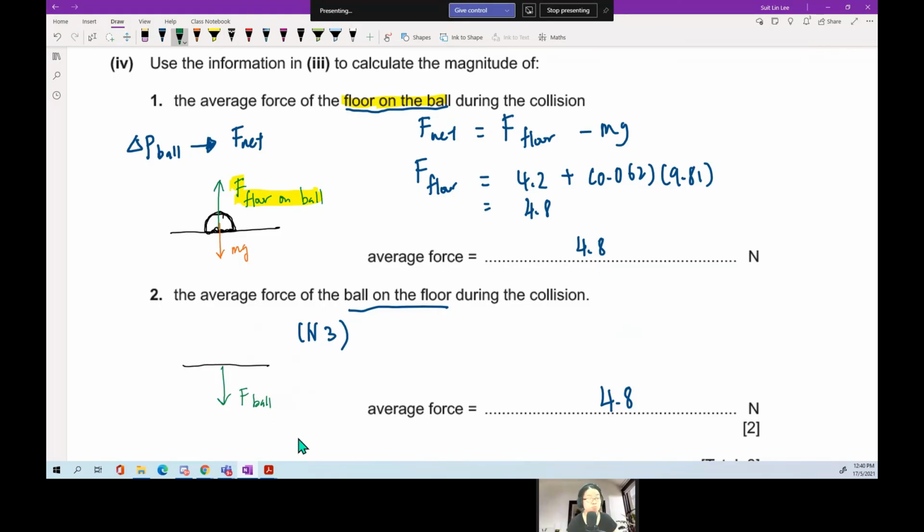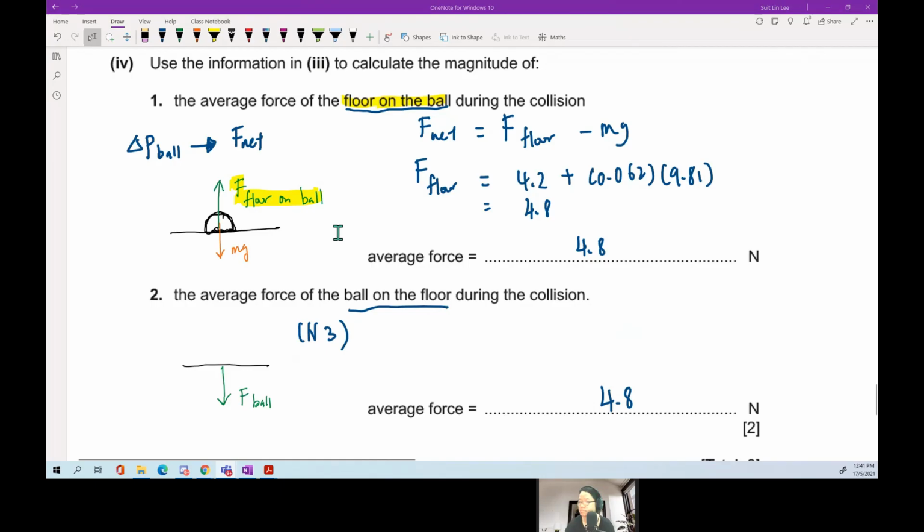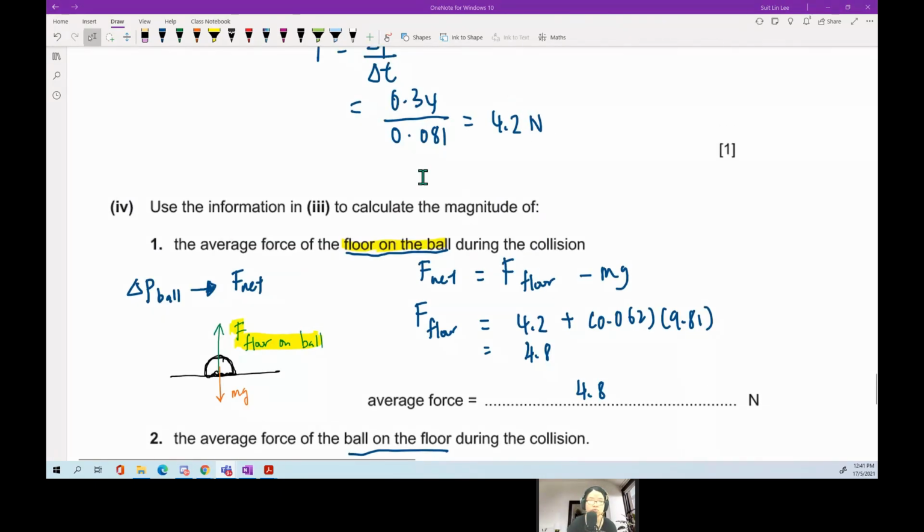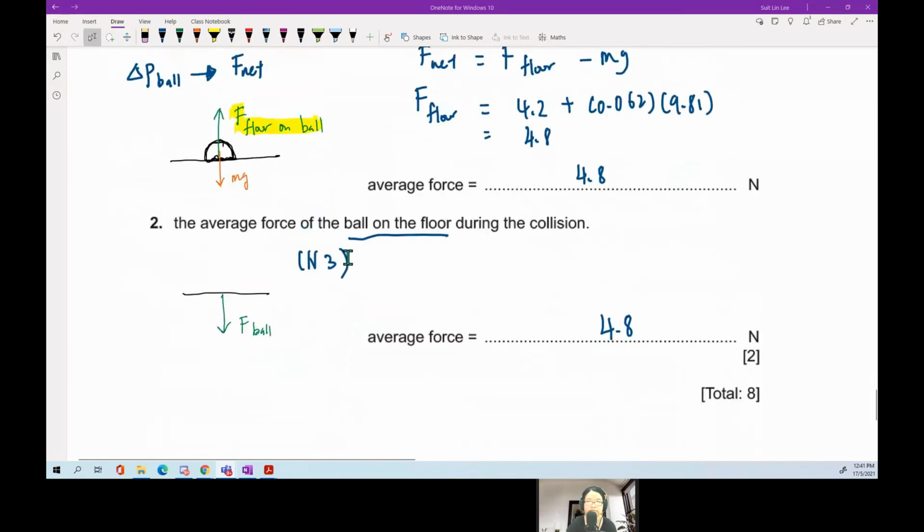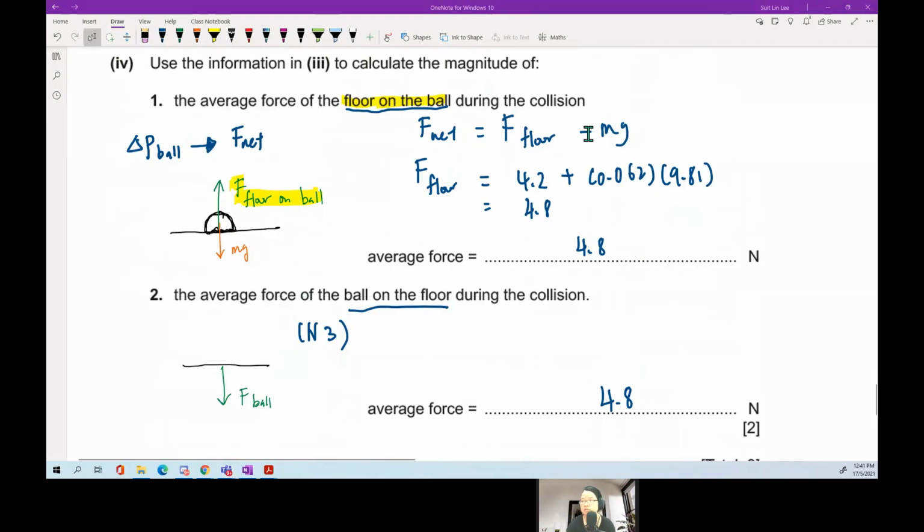If you ever want to jump, your legs will push down on the floor so that the floor will push your body up and then you can jump and do the slam dunk, if sports was still a thing, with COVID-19. Net force is 4.2, yes. So what we want is not the net force, it's the force on the floor.